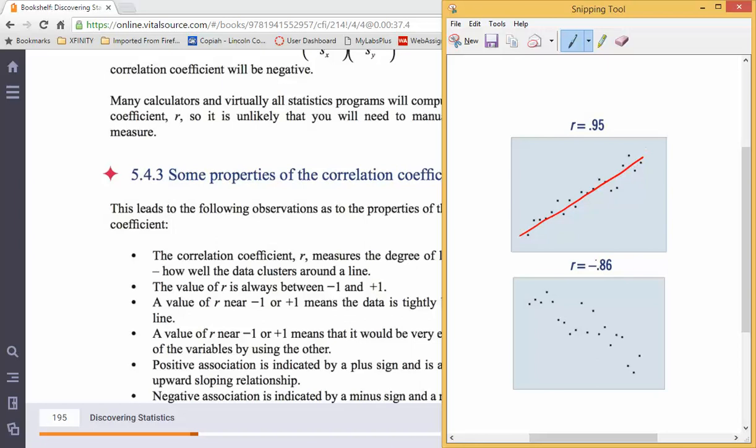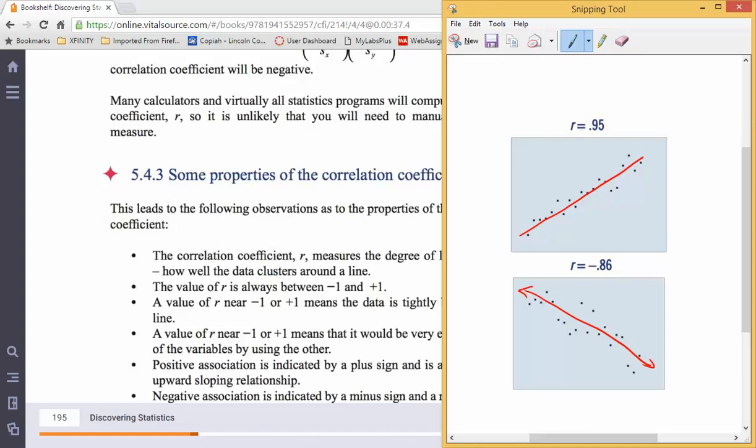Now this R is not as close to -1 as 0.95 was to 1, but still, maybe I kind of cheated at the end of my line there, this data is still grouped up around some linear line.